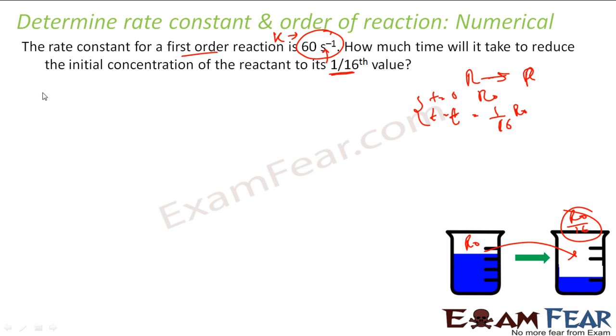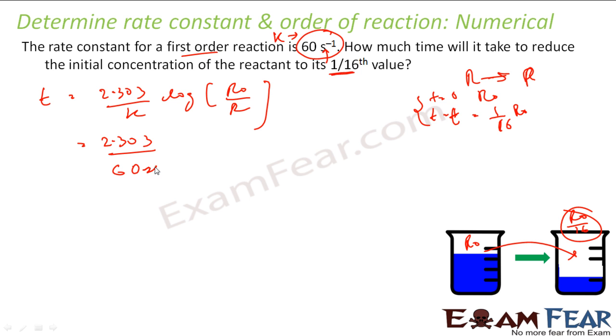Since it is a first order reaction, we use the same formula. T is 2.303 by K log of R naught by R. Actually, K is equal to 2.303 by T log of R naught by R, but since I have to find T, I just wrote this formula. Put all the values. K is 60 per second. Take care of units. R naught by R, where R is nothing but R naught by 16, the final concentration.